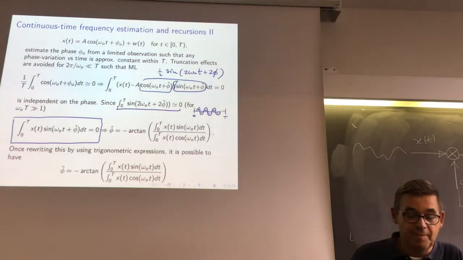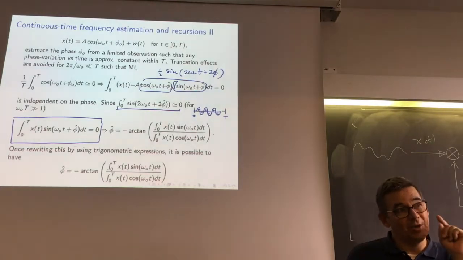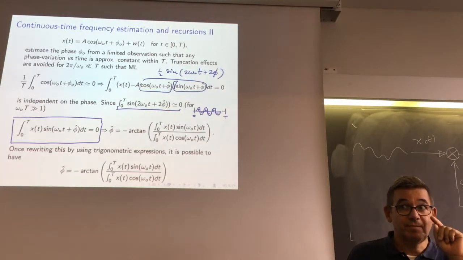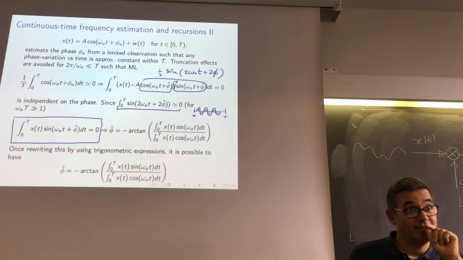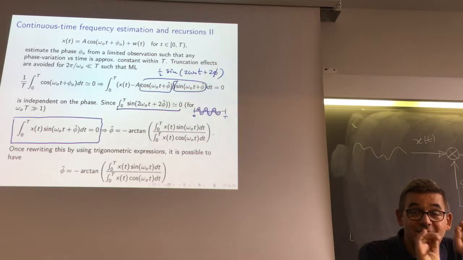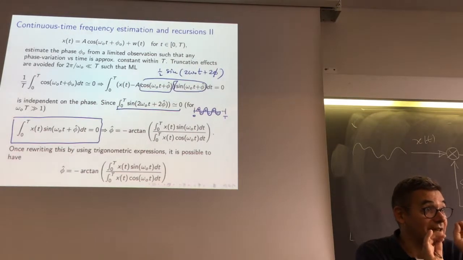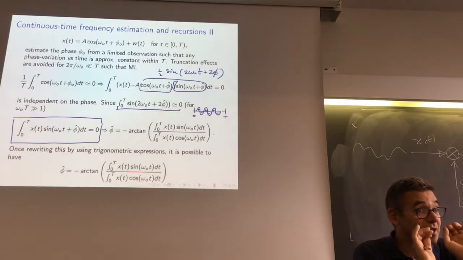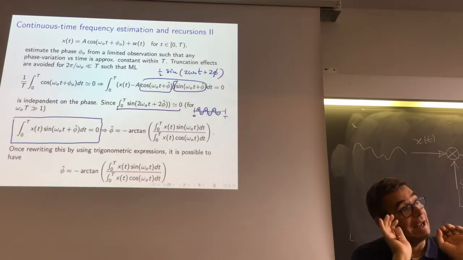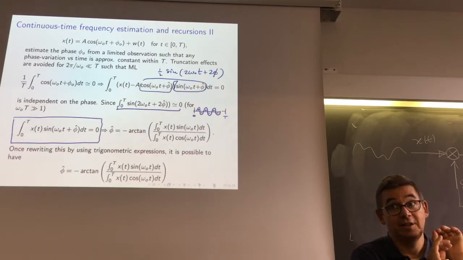Now, remember that the arc tangent is between minus 90 degrees and 90 degrees. If you write arc tangent, you get a value between minus 90 and 90 degrees, which means it is ambiguous by pi, by 180 degrees.